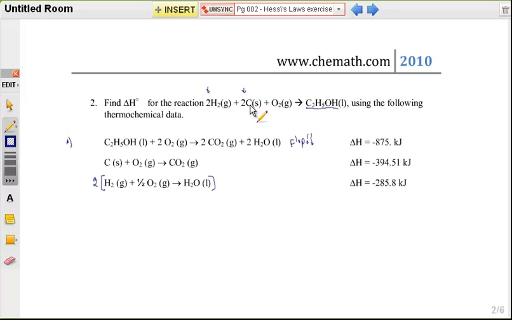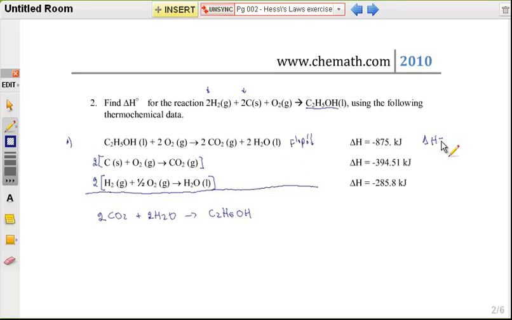And for carbon we got 2 carbons and we have only 1 here, so we have to multiply this one by 2 also, and then we have to add all the equations. So this one we have to flip, so we have 2 CO2 plus 2 H2O produce C2H5OH, and this value has to be changed, 875 kilojoules.